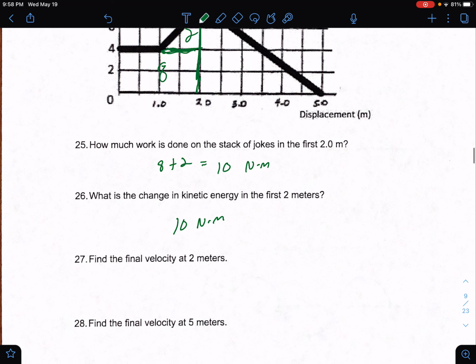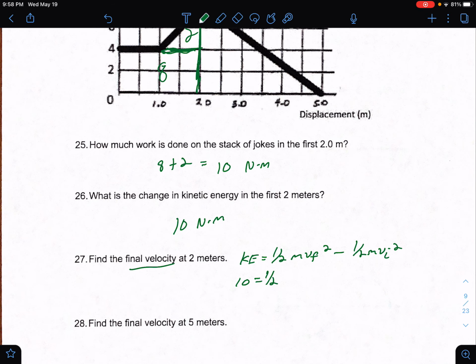Okay, so final velocity after 2 meters, this is when you do KE equals 1/2 mv final squared minus 1/2 mv initial squared. My kinetic energy in the first 2 meters was 10. So 1/2 mv final squared. I'm looking for final velocity.